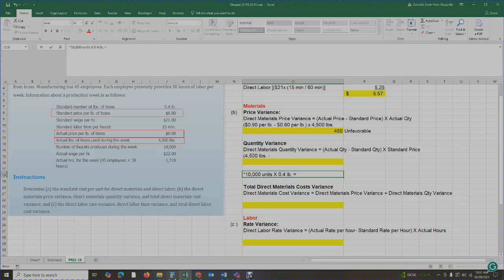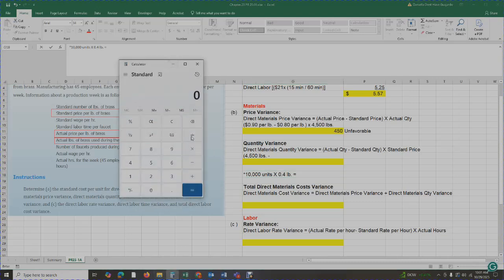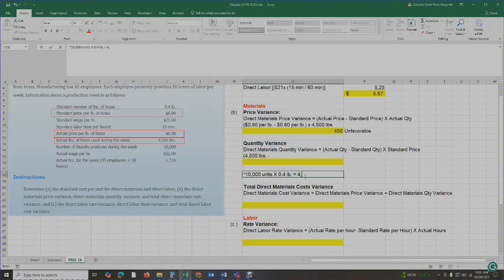So let me get my calculator. We've got 10,000 units that we're making a week, and according to my standard rates, I am going to use 0.4 pounds per unit. So that means I'm going to have my standard quantity of 4,000 pounds.